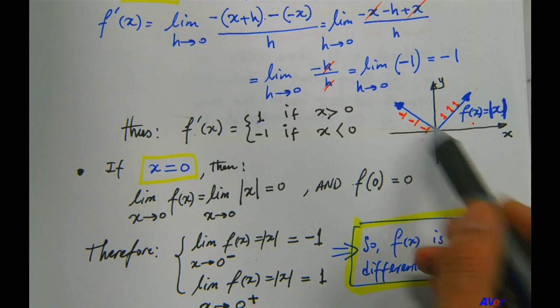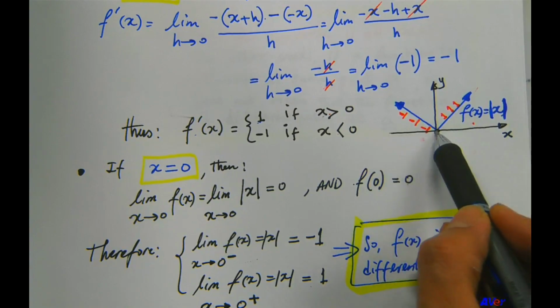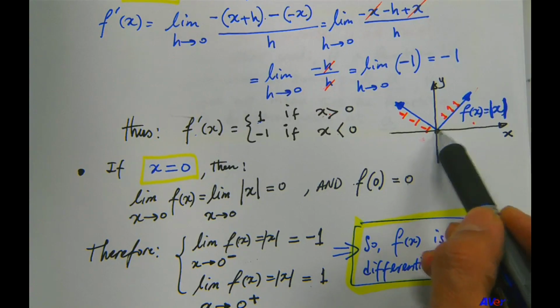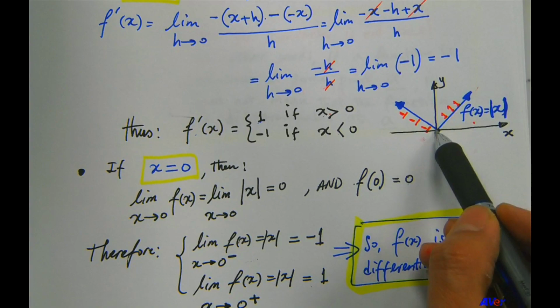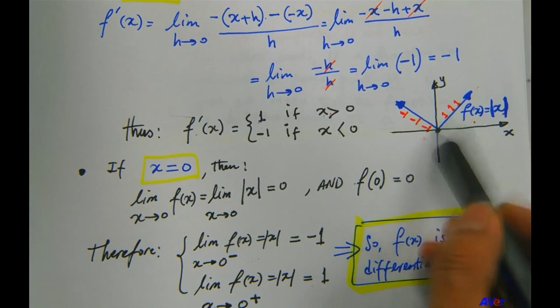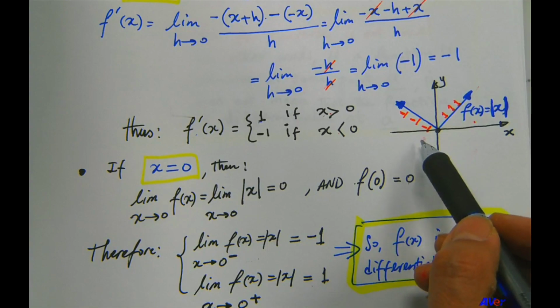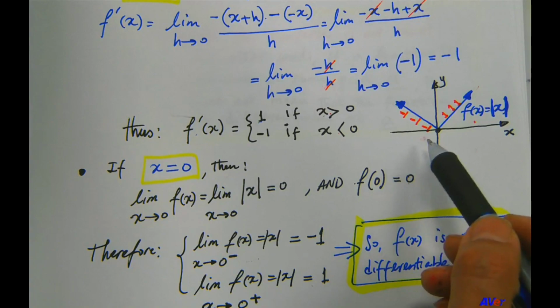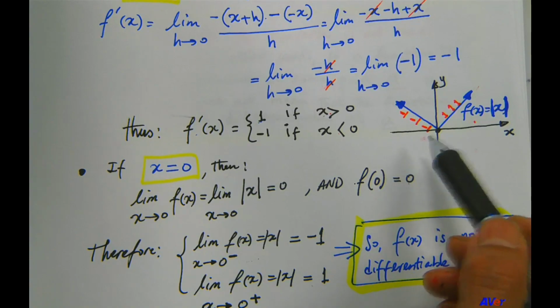That means the derivative of the function at this point does not exist. There is no slope of the tangent line at that point. The slope of this function at x equals 0 is not defined. Therefore, its derivative, which represents the slope of the tangent line, is not defined.